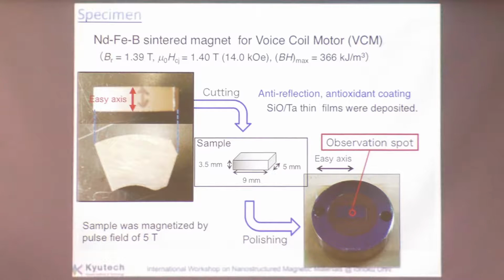After polishing, SiO and tantalum thin films were deposited for anti-reflection and antioxidant coating. In this figure, this direction is the easy axis of the magnet, and the magnetic field is also applied along the easy axis direction.